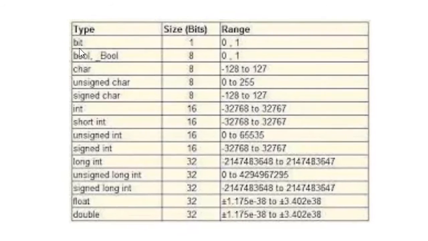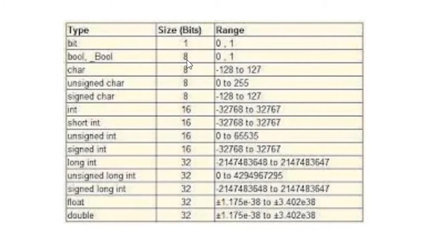Here we have byte, then boolean, whose range could be true or false, or in other words 0 or 1. Then we have characters, which are mainly based on ASCII code.